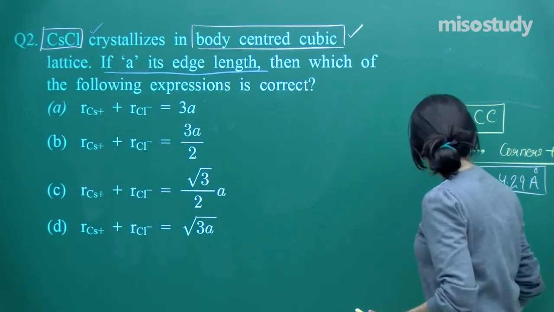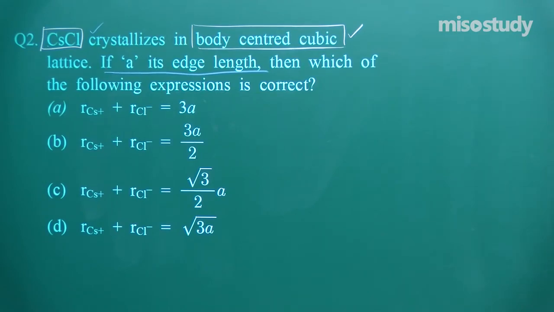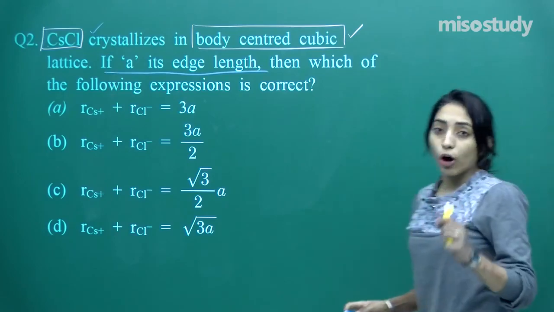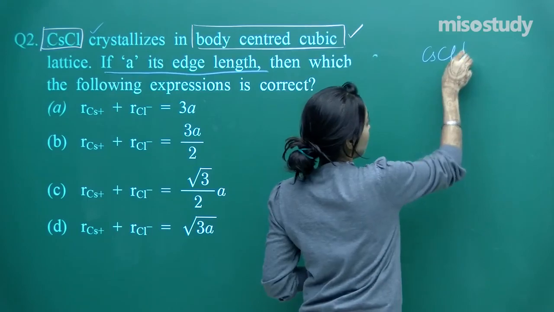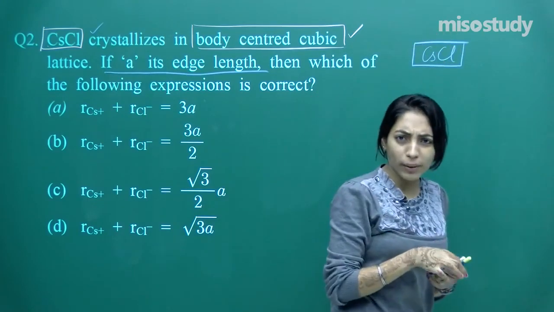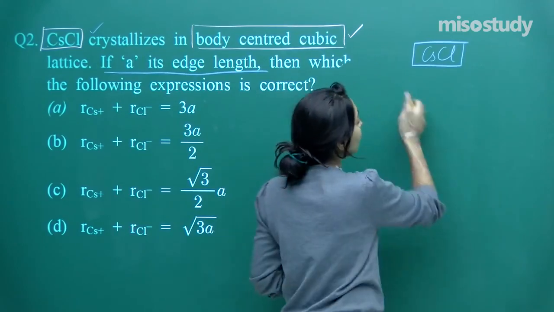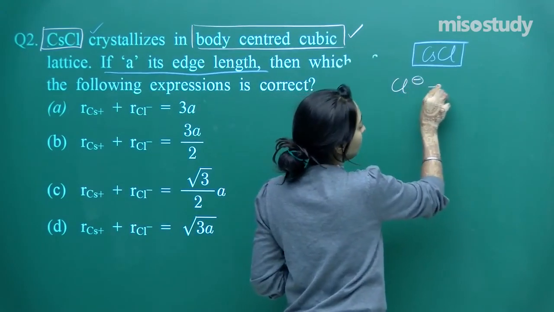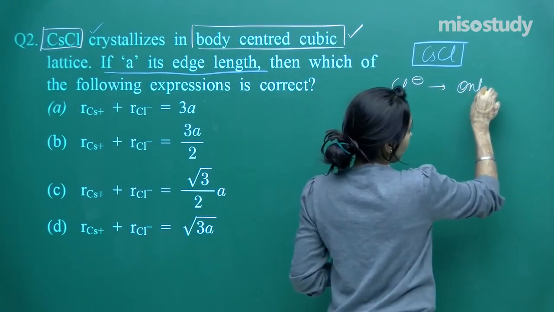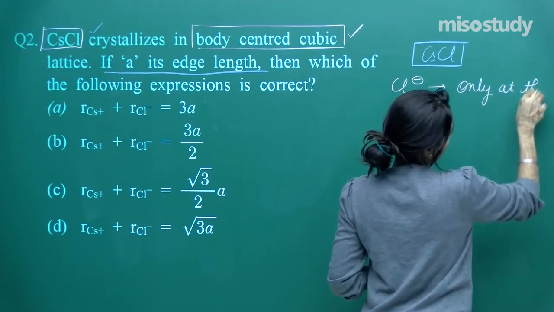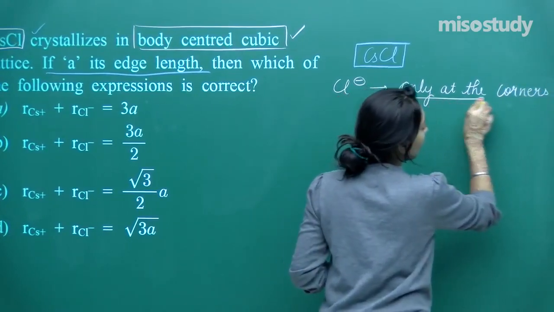So what exactly is the structure of cesium chloride? If you know this thing, then you will be able to solve the complete question as well. Now, how should I be beginning with this particular question? Listen to me very carefully. When I am talking about the crystal structure of cesium chloride, you remember I have told you in my lectures as well that in the case of cesium chloride, the chloride ions will be present only at the corners, as in a primitive unit cell.